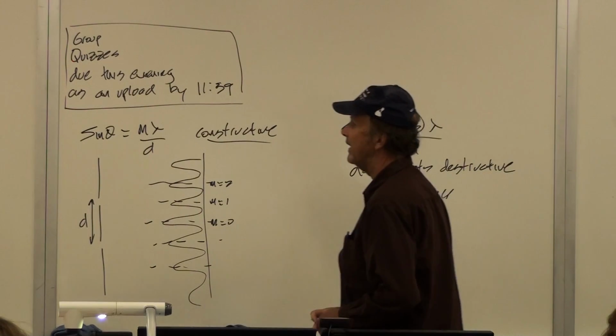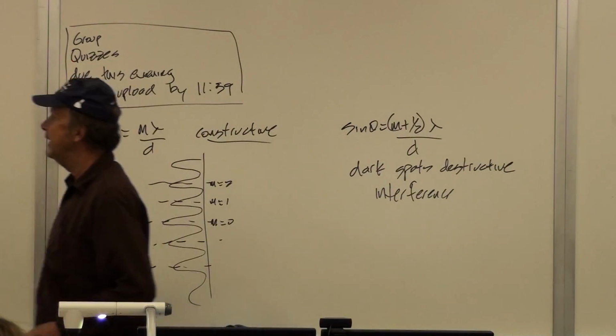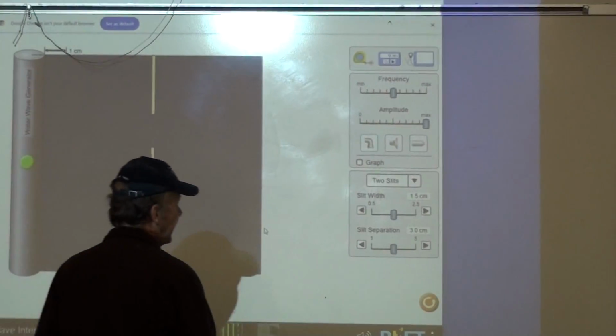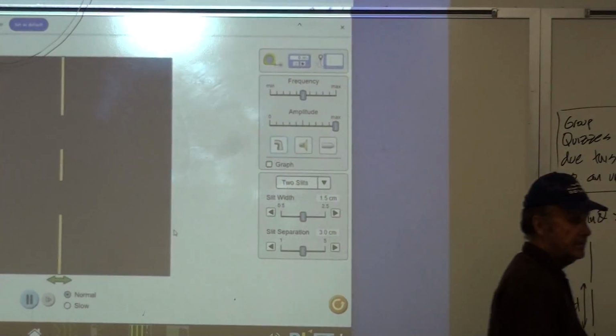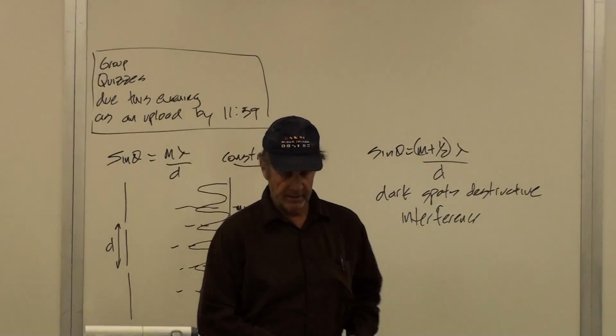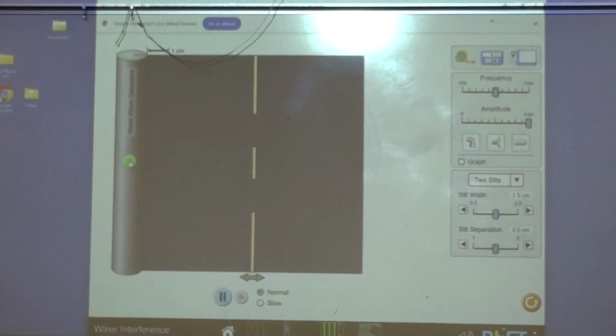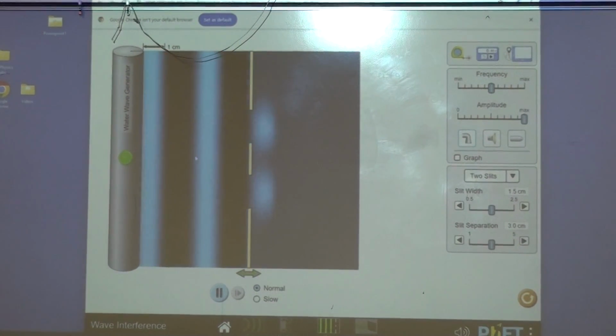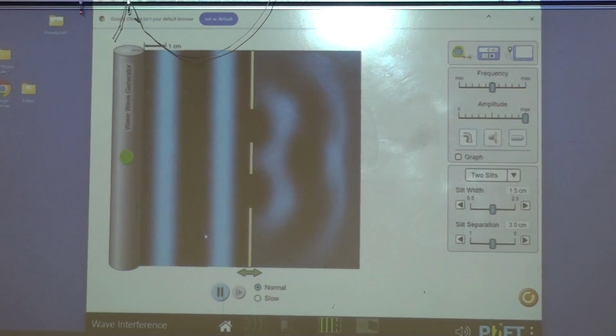We're going to have a lab on that this week, and this is a simulation right from the lab that we can use to help illustrate this idea. Say that we have a point source coming in like this, and here we'll have them come in as plane wavefronts.